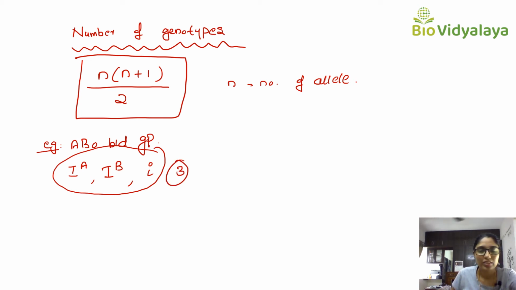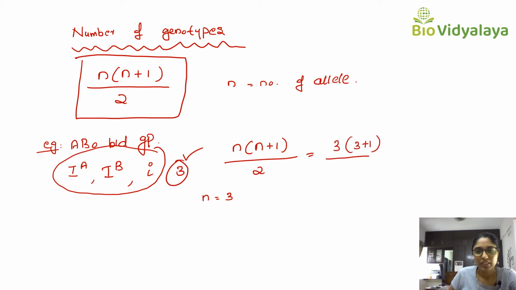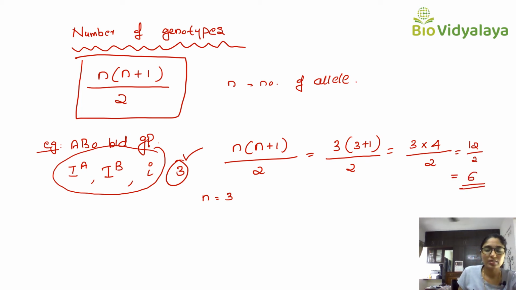So we can apply this formula n into n plus 1 divided by 2. So here n is equal to 3. So 3 into 3 plus 1 divided by 2. So 3 into 4 by 2. 12 by 2. That means 6. So this is the answer.